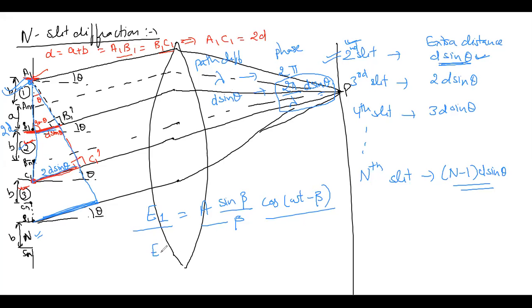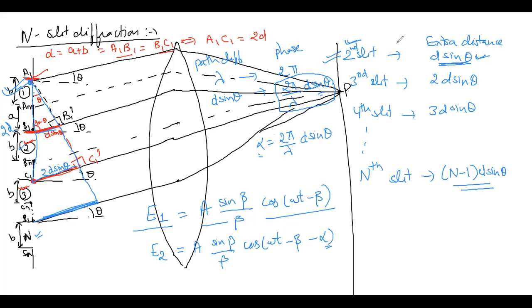So the disturbance that starts from the second slit, you can write in this form: omega t minus beta minus alpha, where I'm calling alpha equal to 2 pi by lambda into d sine theta. You can definitely write 2 pi by lambda into d sine theta here also. That's up to you. I just put a small notation for that.